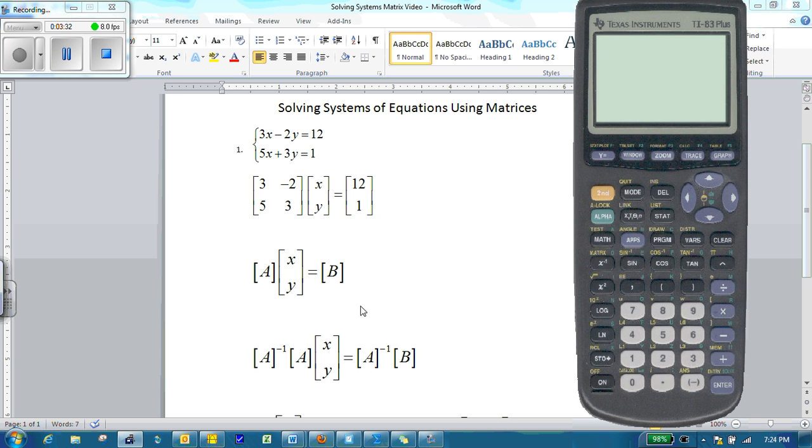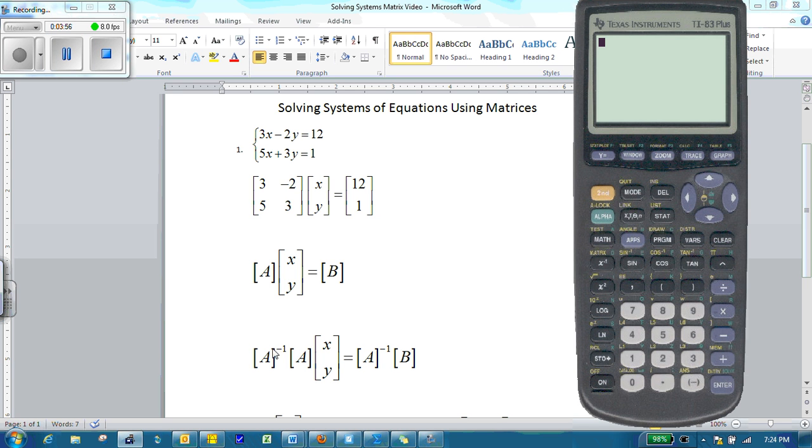So we just finished a chapter in which we were talking about inverses. And here we're saying that if we were to multiply the inverse of matrix A times itself, then that should undo anything that matrix A was doing to our variables, and these two should eliminate each other. And we're going to talk about that a little bit more in a second.